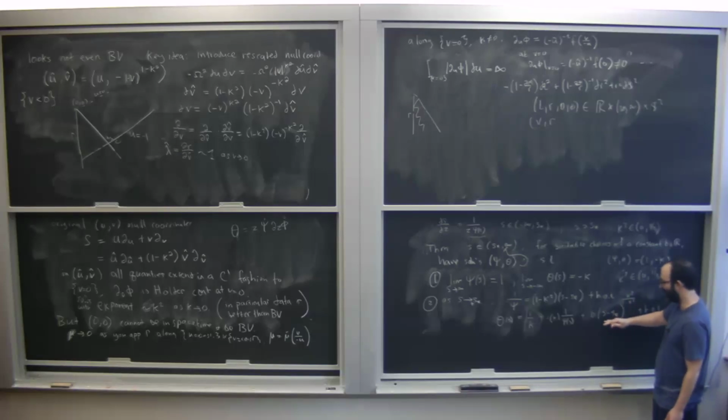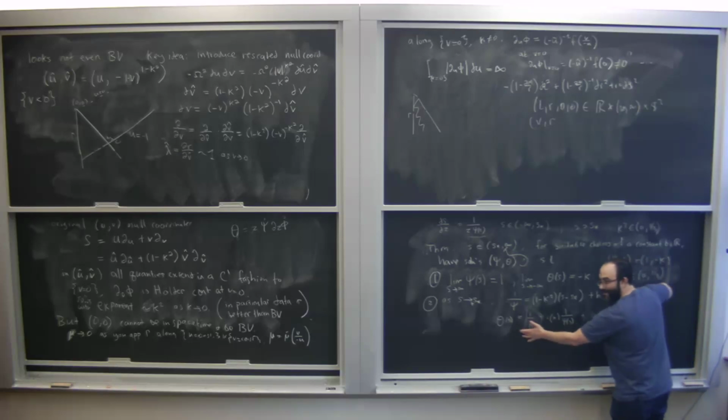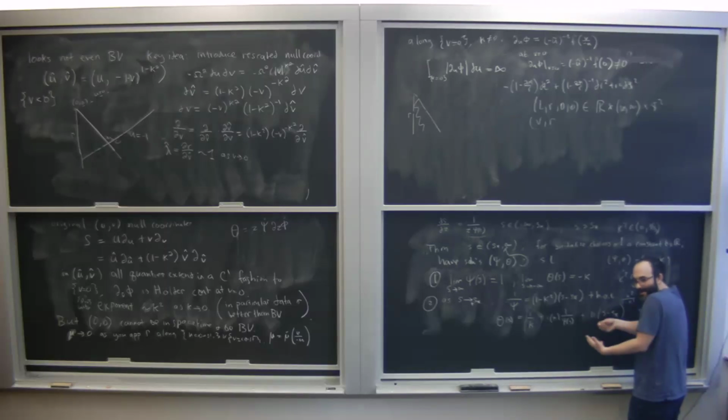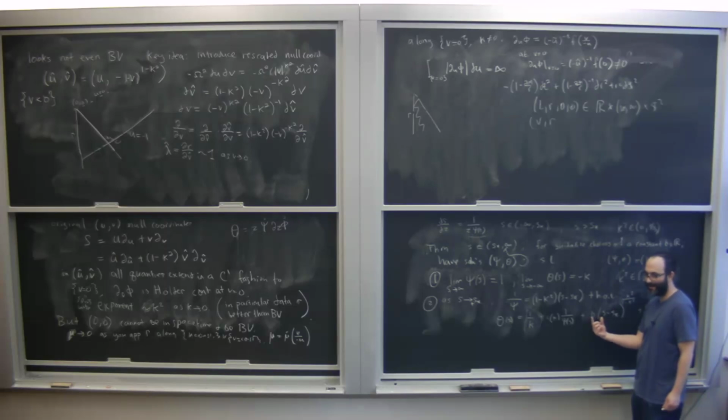If there wasn't this term, there would be a hope that this thing was smooth in s, but because of it, you get stuck with this Holder regularity. But this does go to 0, so you do get some Holder regularity. And this is where the freedom ends up coming in.